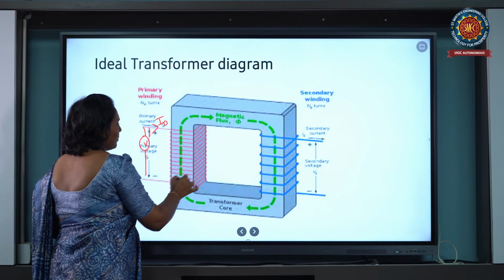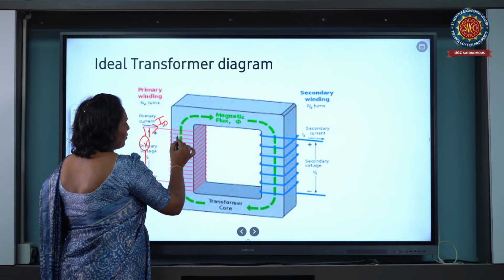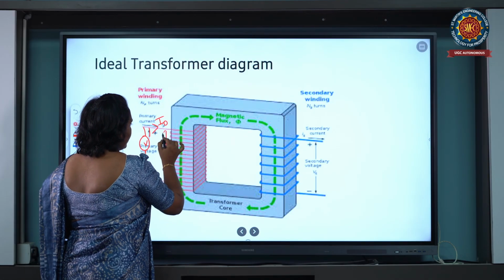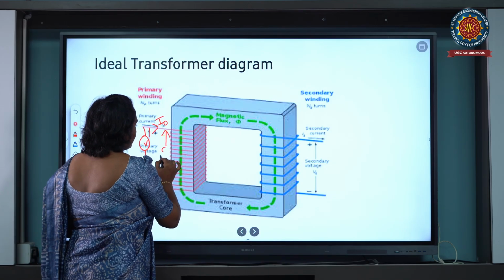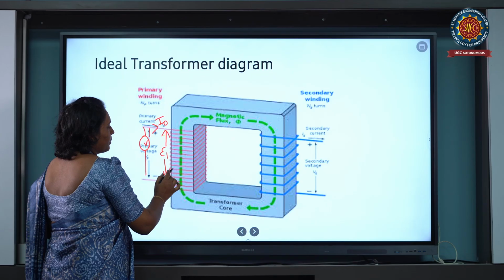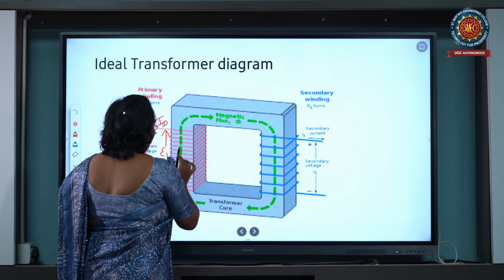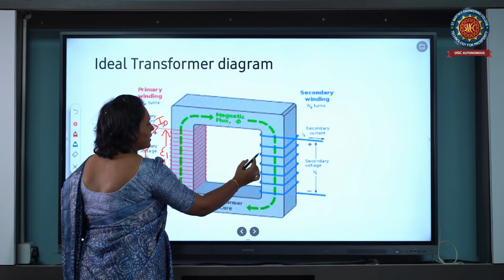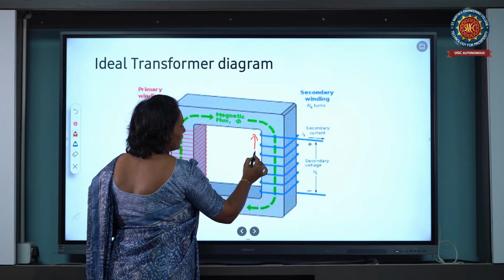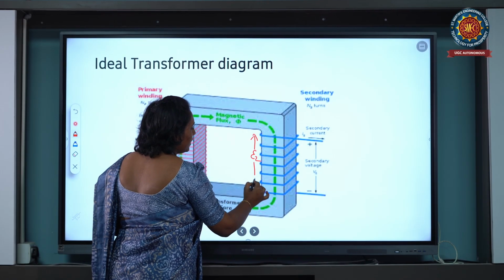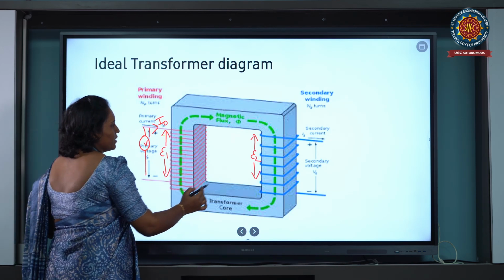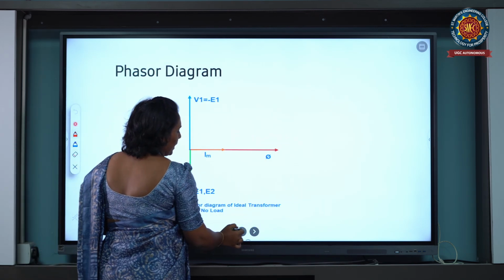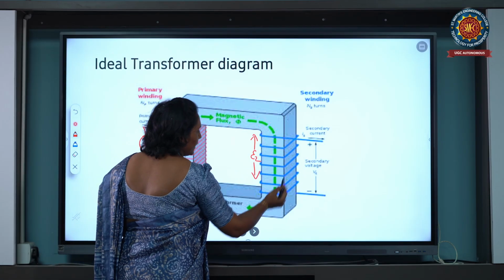So in the primary side flux will be produced. Due to the presence of flux, the induced EMF will be generated in the primary side. The same flux will be linked with the secondary side. So in the secondary side also EMF E2 is generated according to Faraday's law of induction. And here the secondary side current I2 is 0.